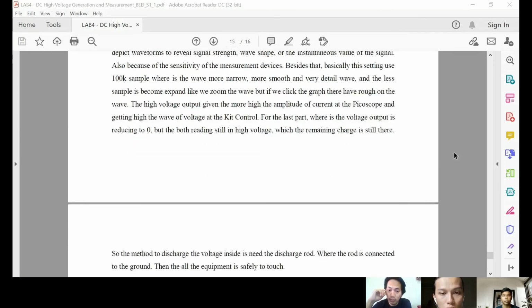So to discharge this charge, we use the discharge rod, where the discharge rod is connected to the ground, and then we touch all the equipment with the electrode to let the charge go to ground. So then all the equipment is safe to touch.